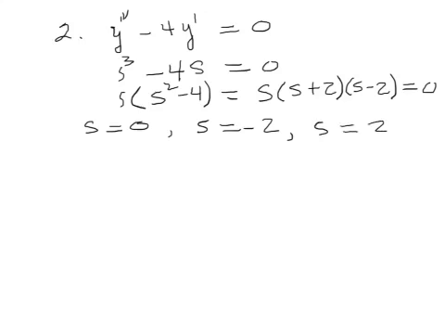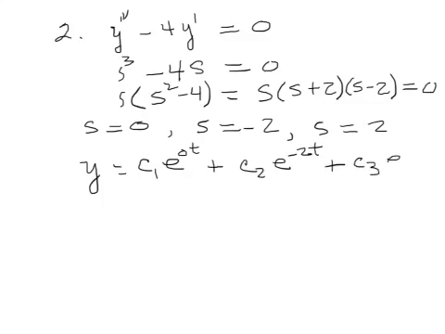So now we can just write down the solution to this, and y would be equal C1 e to the 0t. Now e to the 0t is going to be just 1, okay? We'll fix that in just a second. Plus C2 e to the minus 2t plus C3 e to the 2t.